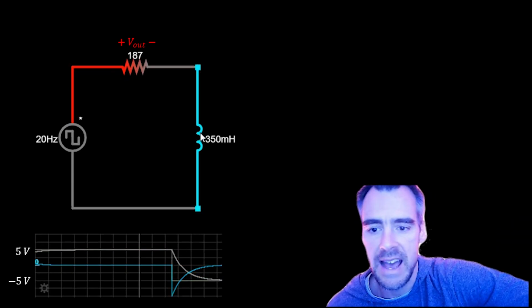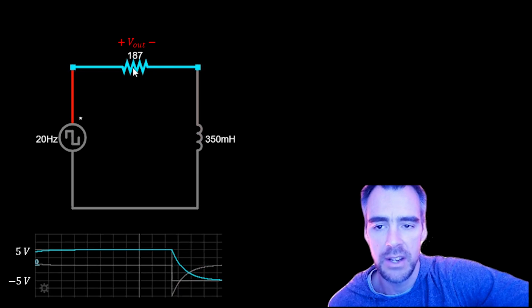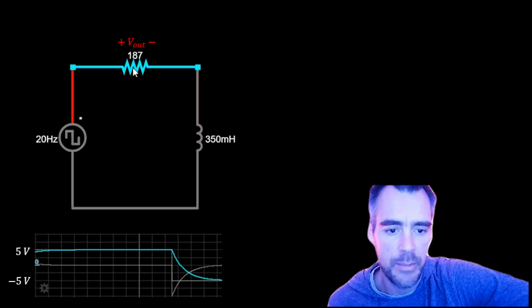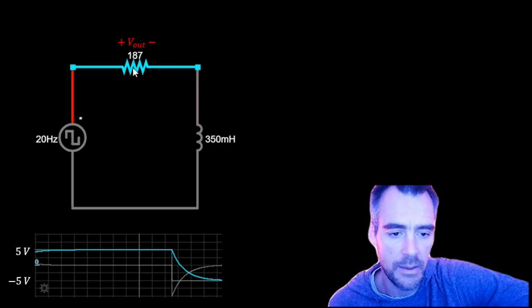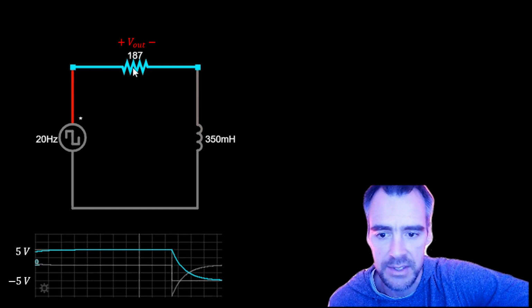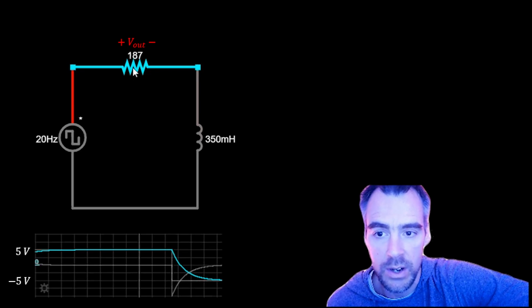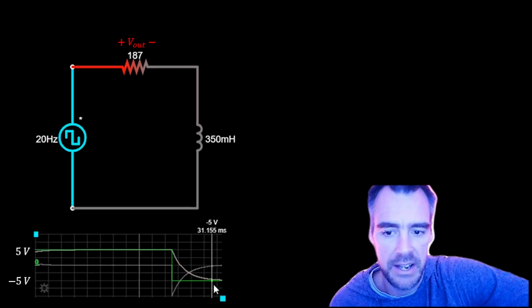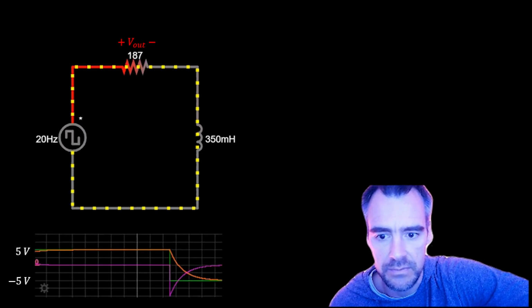As it does that, the voltage across the 187 ohm resistor is going to counterbalance that, so that, as KVL works, it all sums up to -5. This is going to start off where it was, at 5, and drop down eventually to -5, where you see it over here.